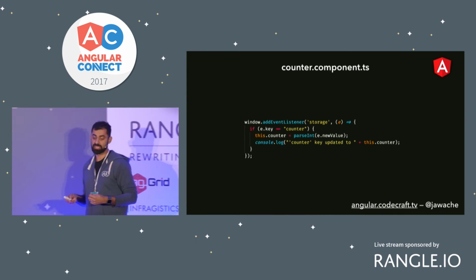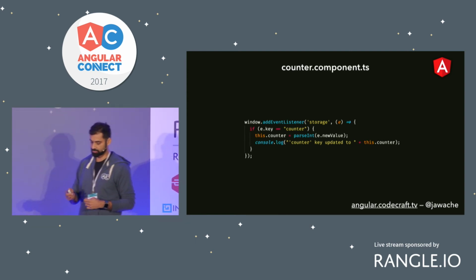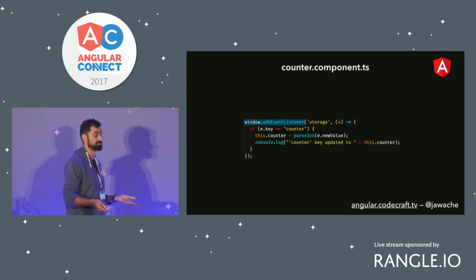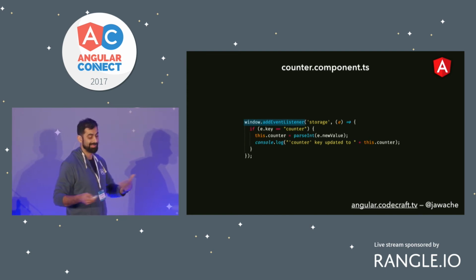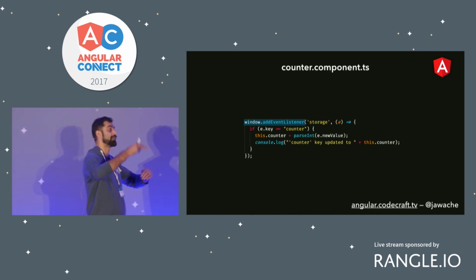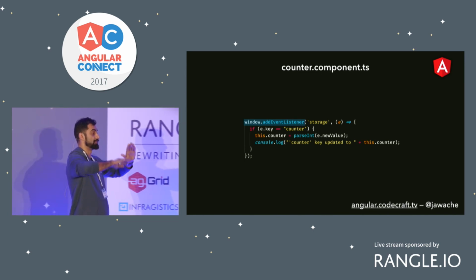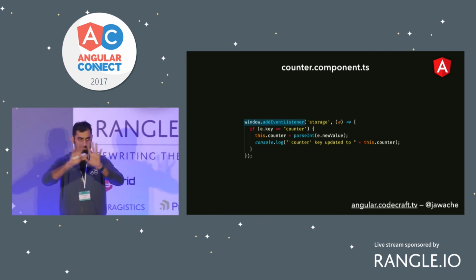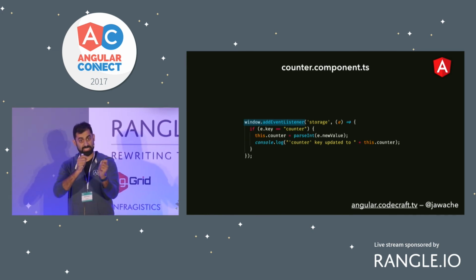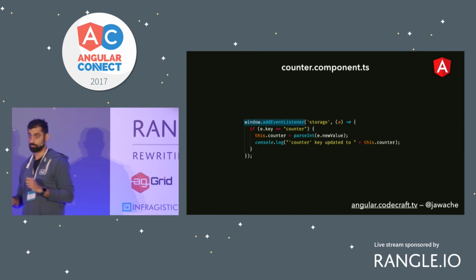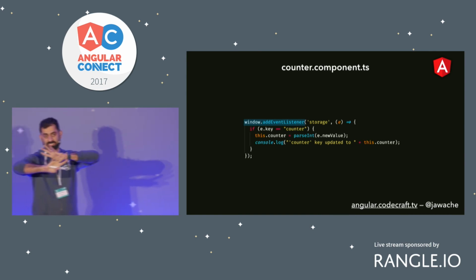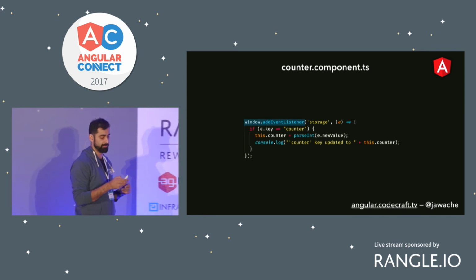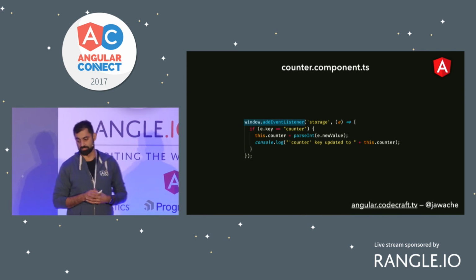So I can listen to that in my Angular application, and if local storage is saving something called counter, I can then set the value locally. So that's also how you can synchronize data between, like if you have the same application open in multiple tabs, same domain, you can synchronize between all those tabs via local storage. And an iframe is a separate application, so you can synchronize between an iframe and the parent with local storage and storage events.